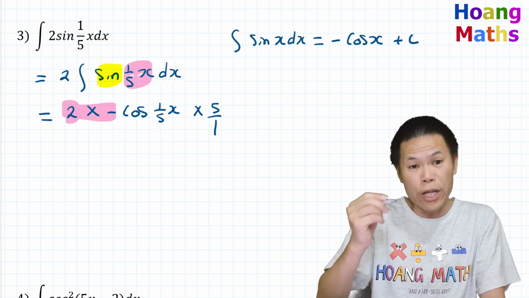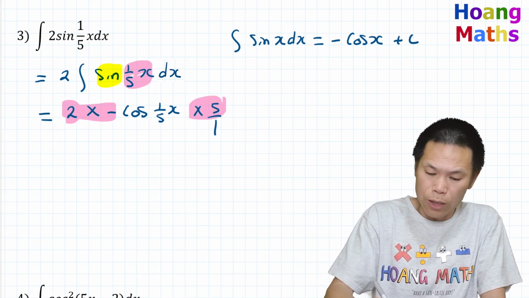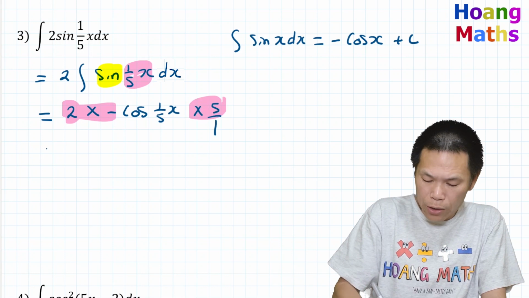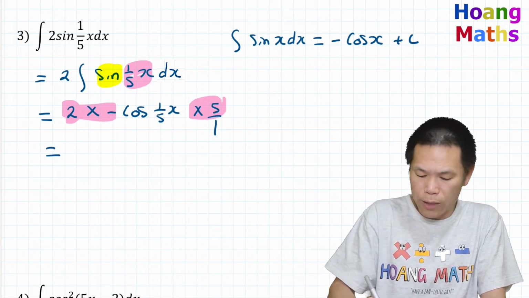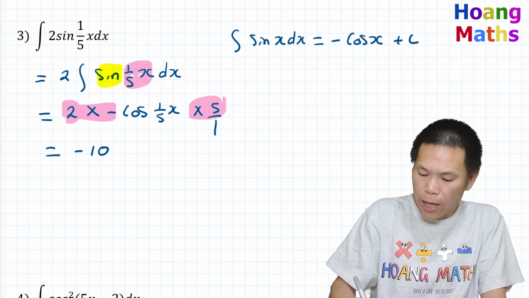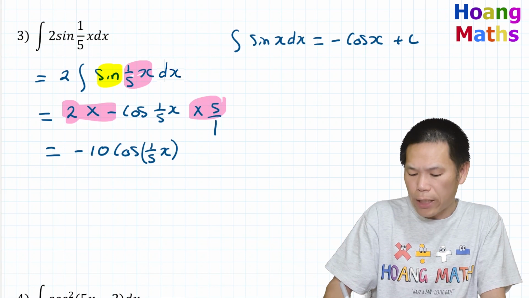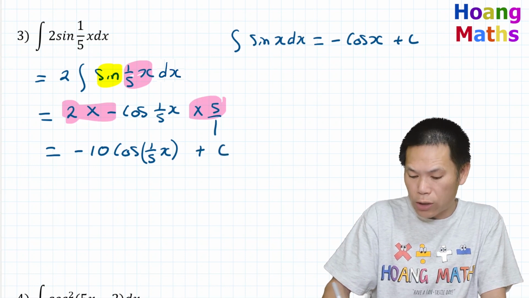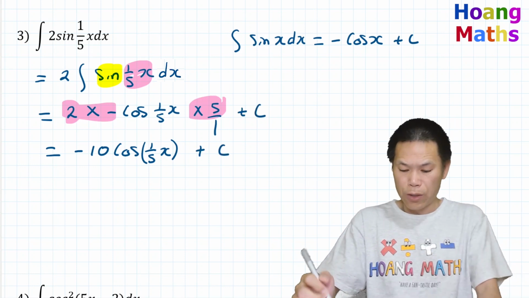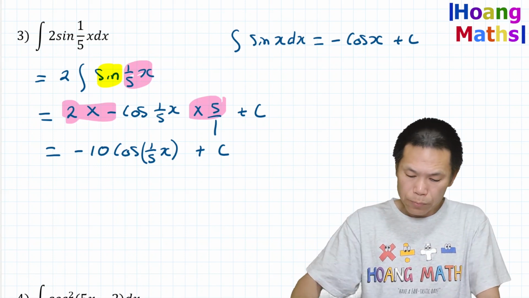So negative 2 times 5 gives me negative 10, because over 1 still gives you negative 10. So negative 10 and then cos of 1/5 of x. You can bracket the angle if you like, and then we add a constant. So there you go.